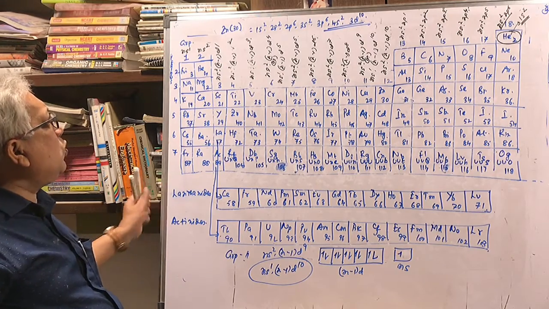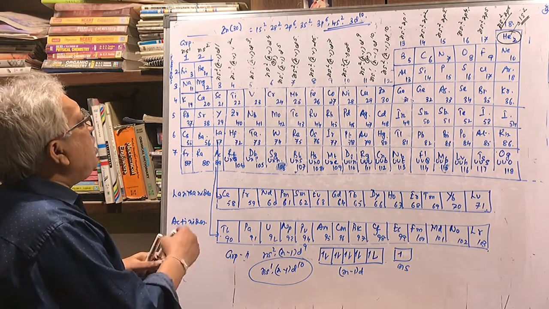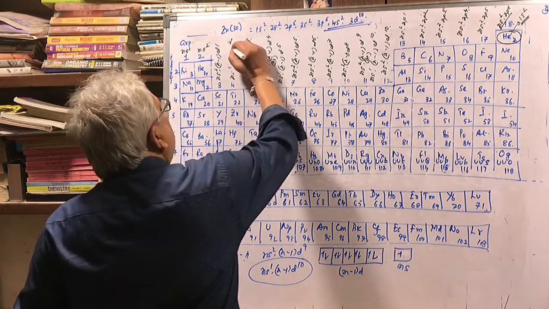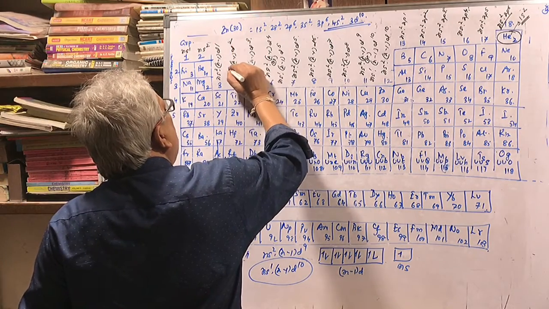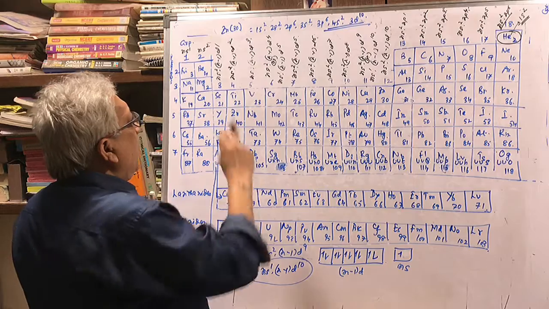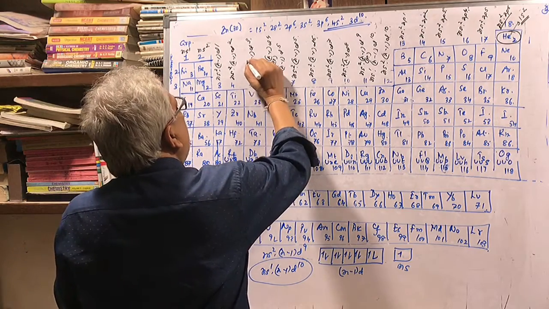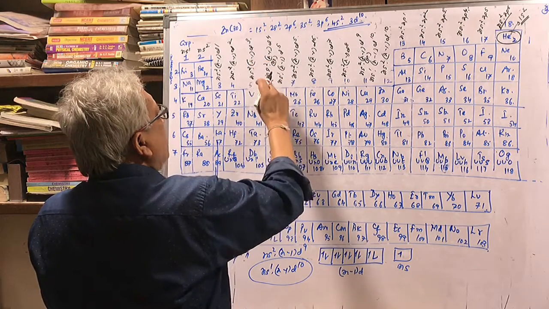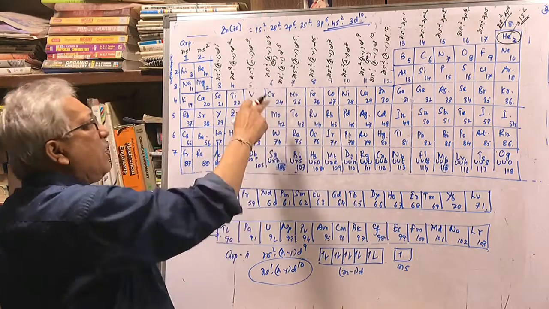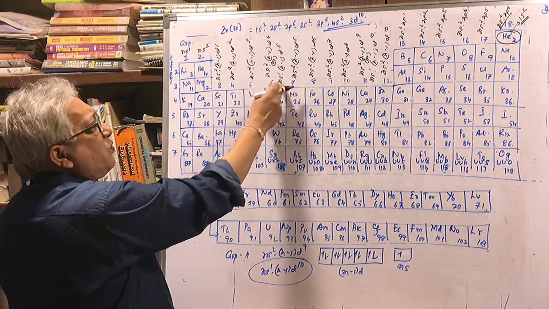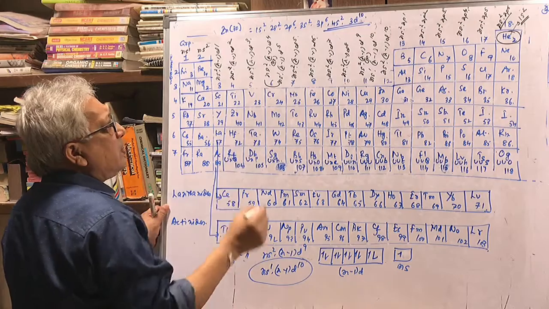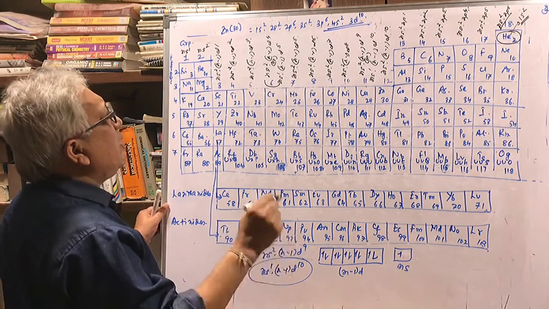Then group 3, ns2 (n-1)d1. Group 4, ns2 (n-1)d2. Group 5, ns2 (n-1)d3. Group 6, ns2 (n-1)d4, which changes to ns1 (n-1)d5 for extra stability. Group 7, ns2 (n-1)d5.